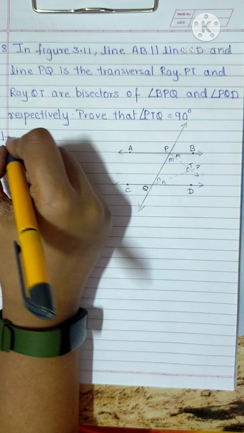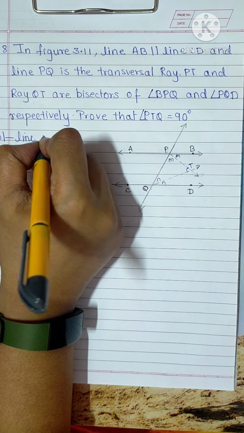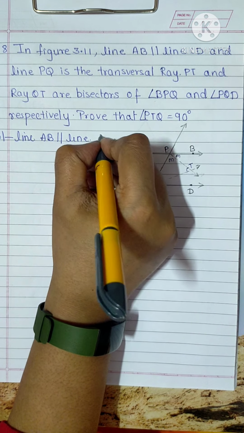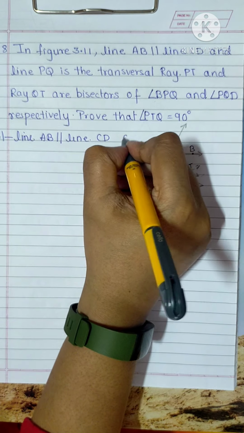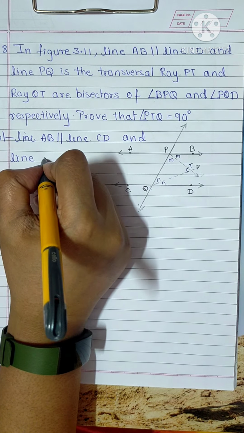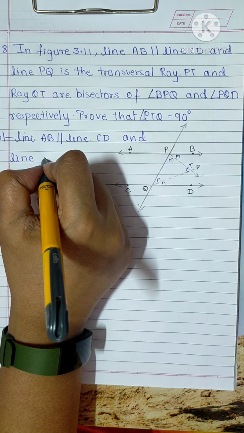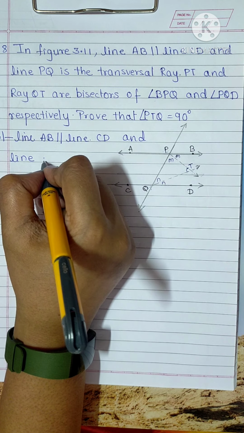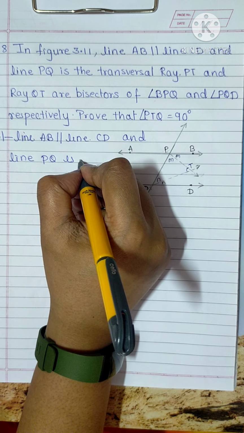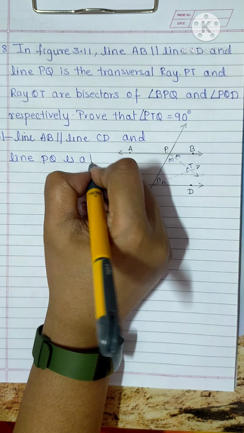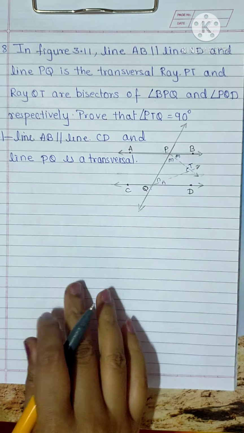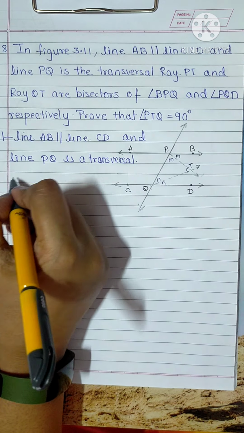So what is the given condition? Line AB is parallel to line CD, and line PQ is a transversal. Now we'll write the angles.